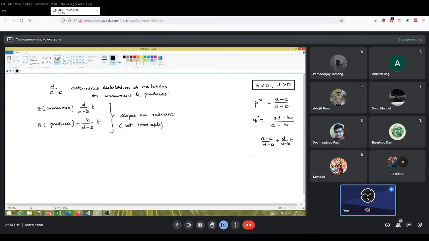Okay, so if you have a high amount of D, the consumer is going to pay a higher tax burden, and if you have a high amount of B, then the producer is going to bear a higher amount of the tax burden.